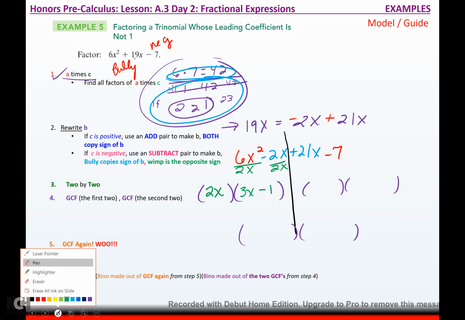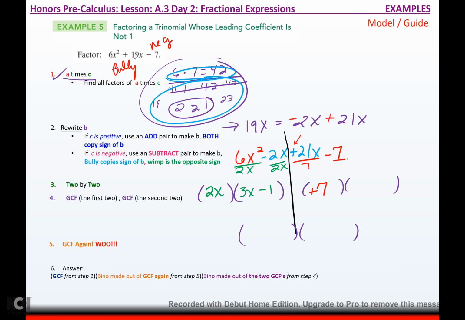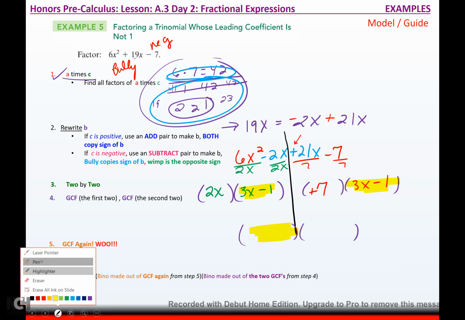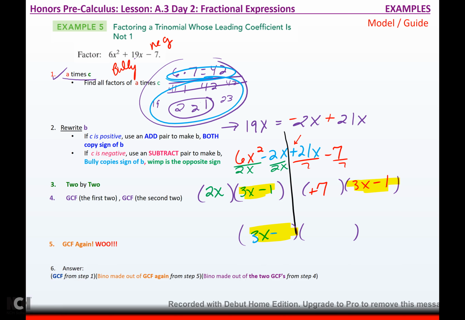On the other side of the wall, I'm going to GCF over there. They have a 7 in common. And I'm always going to take the first guy's sign. So now if I divide by 7, I get 3x minus 1. And notice, again, I have a matching binomial on both sides. So that's my GCF again, 3x minus 1.